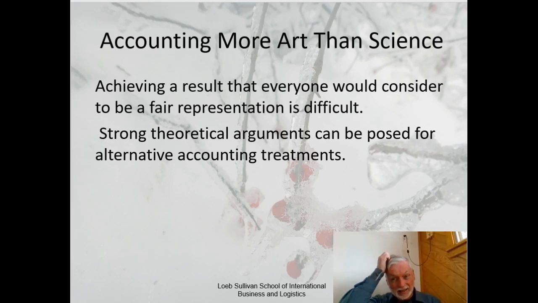I think you've learned by now that there's a lot of accounting that is more art than science. We've learned that, for instance, inventory can be recorded using different cost flow methods because all of them are theoretically correct. Depreciation can be computed in different manners because all of the different manners are theoretically correct.